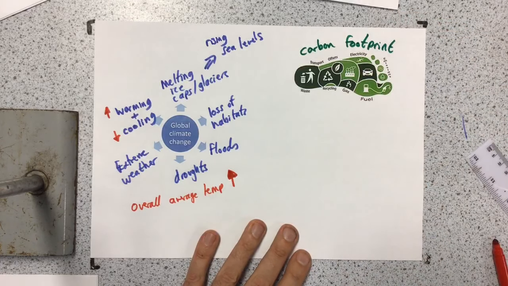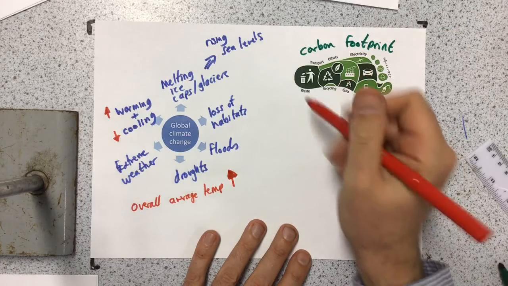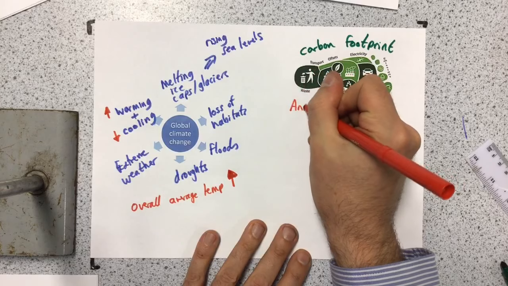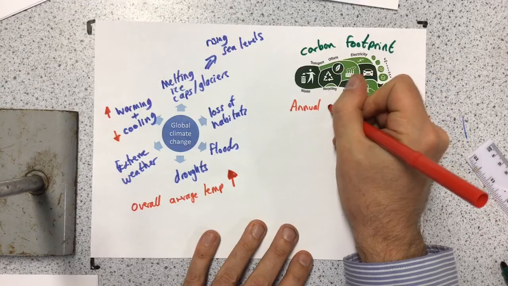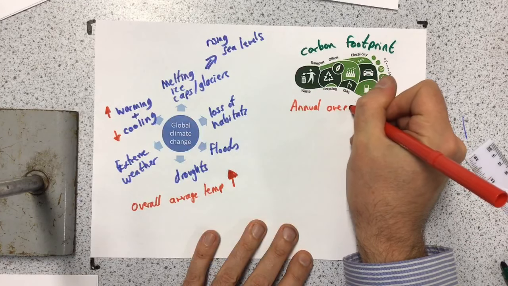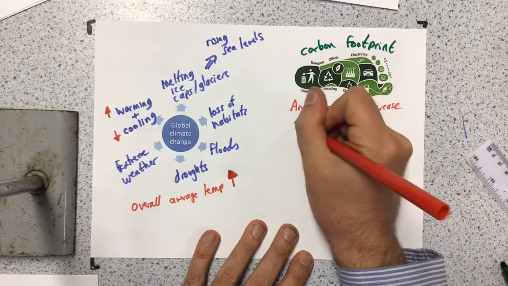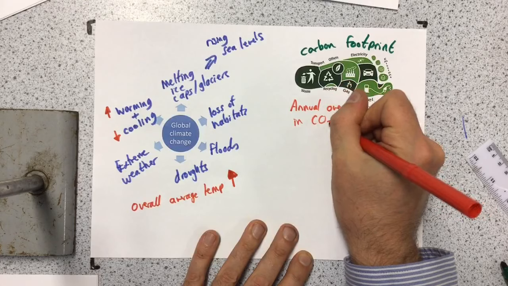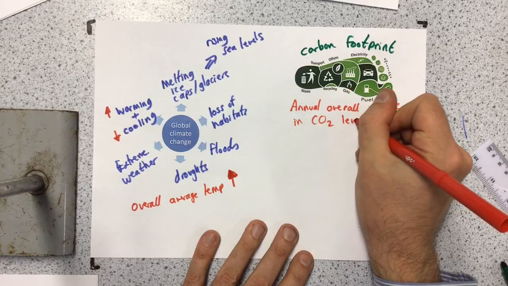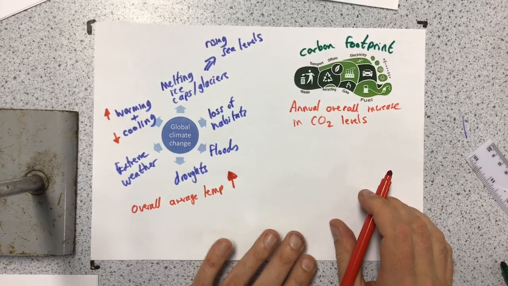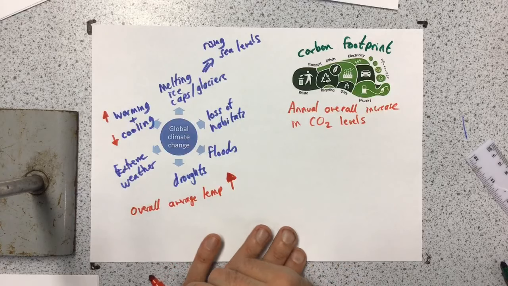Now, what is your carbon footprint? Your carbon footprint is your annual overall increase in CO2 levels. So it's what you personally add to the atmosphere every year.